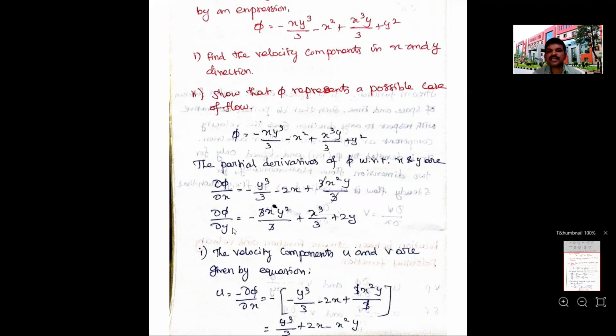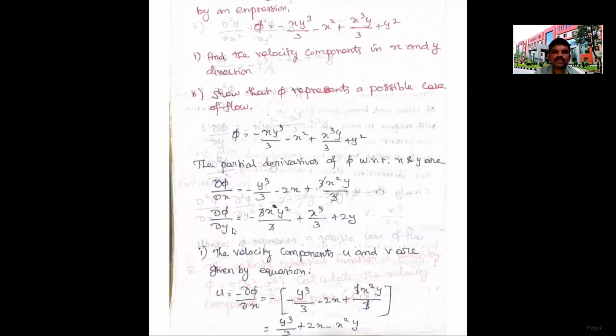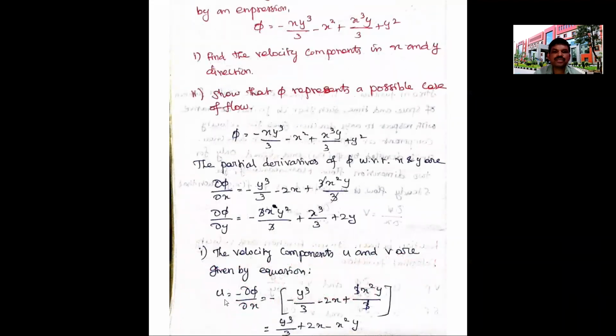Now we will enter into the problem. We know that u is equal to minus dou phi divided by dou x. This is the velocity component of u. The phi value is given in the question, and we calculated dou phi by dou x previously.